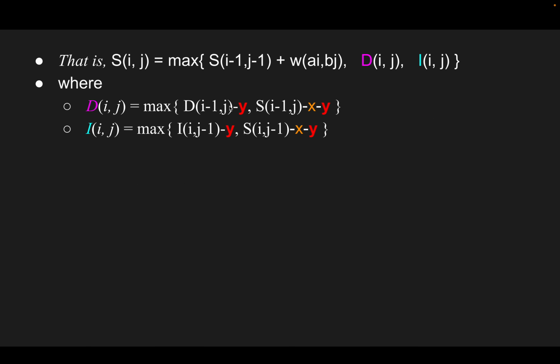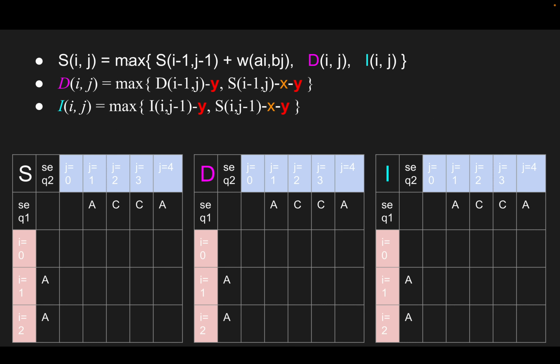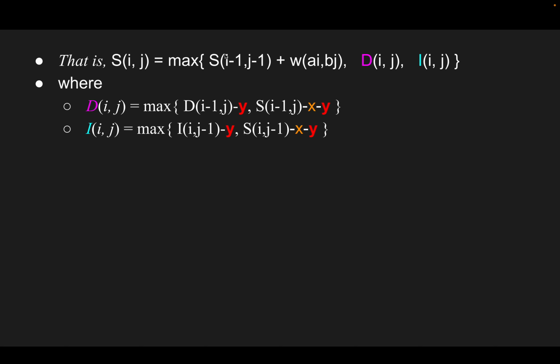So the final form looks like this. The first term is the optimal score for the prefix A1 to Ai minus 1 and B1 to Bj minus 1, plus the weighting for comparing Ai and Bj.